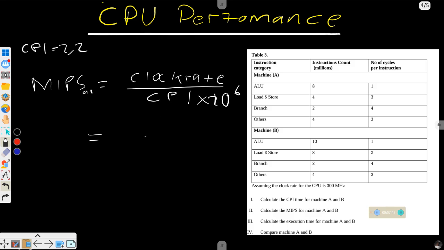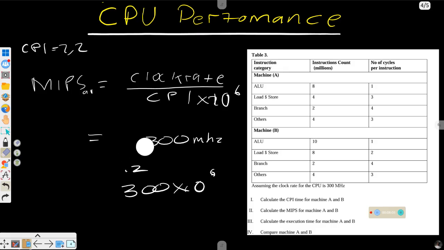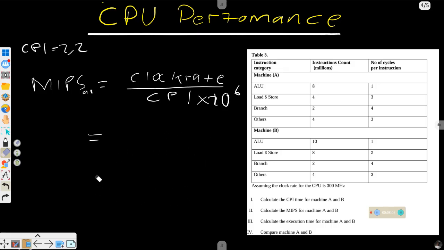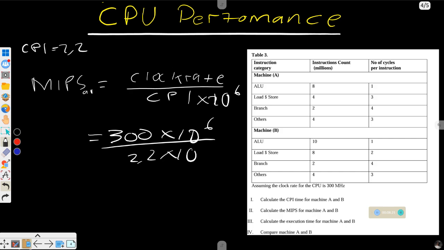Your clock rate is 300 MHz, and to convert it into Hz, the standard unit, it will be 300 times 10 to the power 6. I hope you get that, so don't be amazed when I write 300 times 10 to the power 6. All this over our CPI, which is 2.2 times 10 to the power 6.